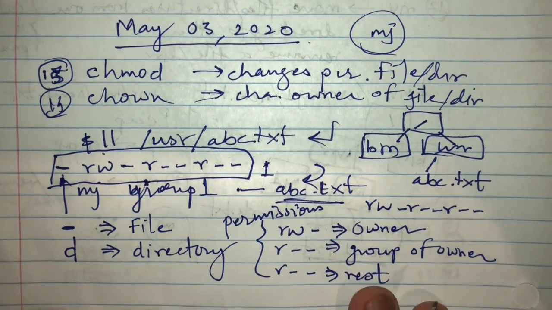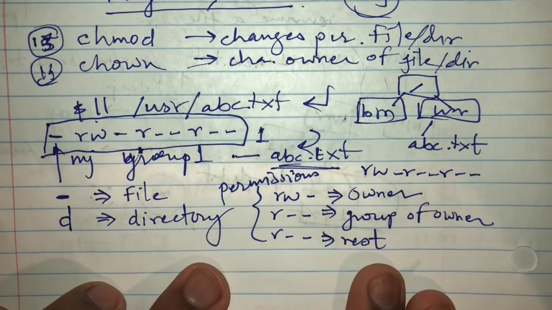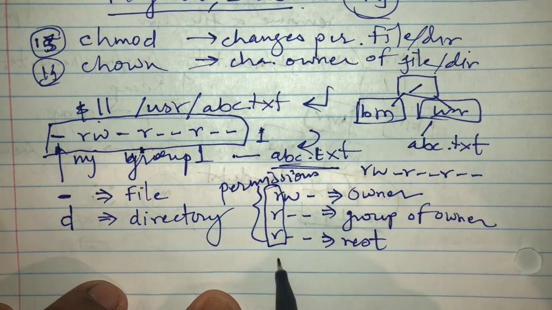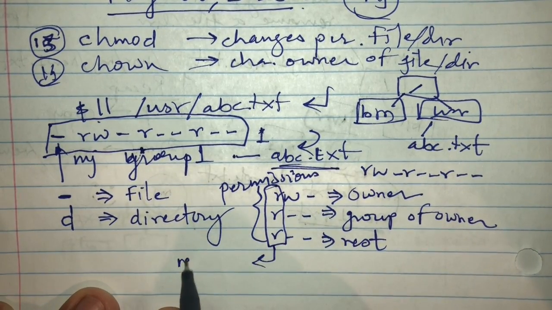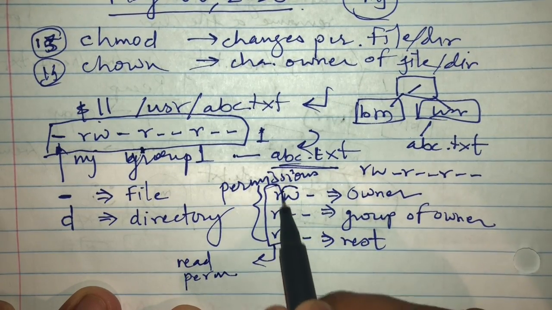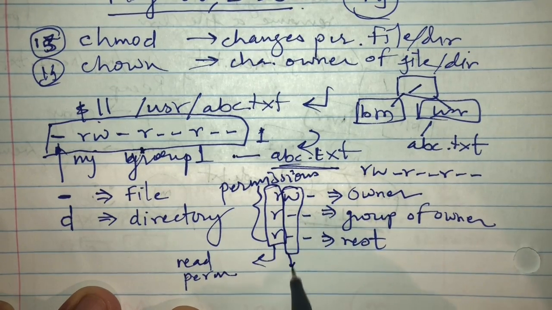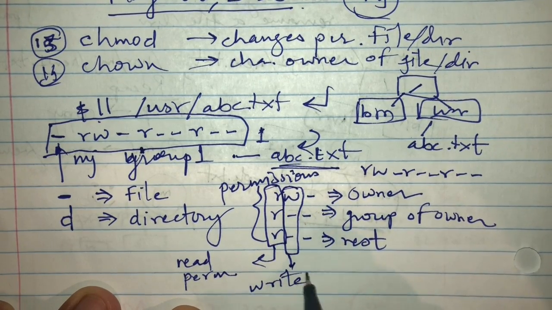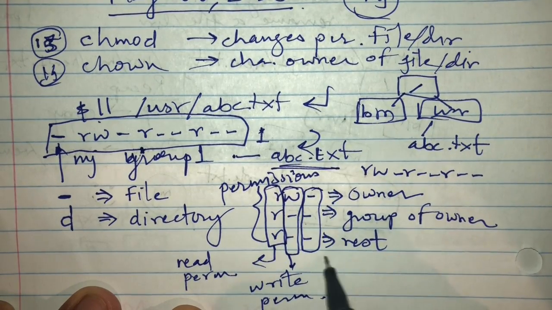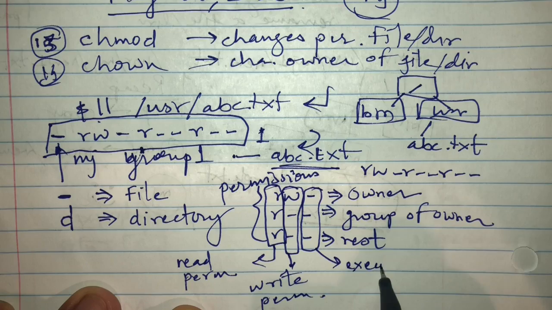The first character that you see here gives you the read permission. The second character gives you write permission, and the third character gives you execute permission.